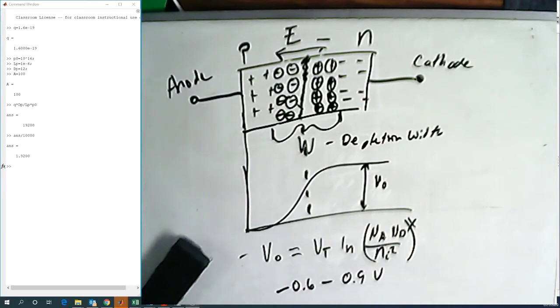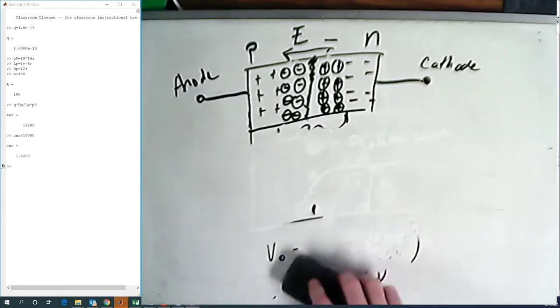These are positive values, but that resides someplace close to where 0.7 volts is. And so that's where we get it. Notice there's a natural log. There's all sorts of interesting things that exist with this. And we're just going to have to take it on faith for right now.